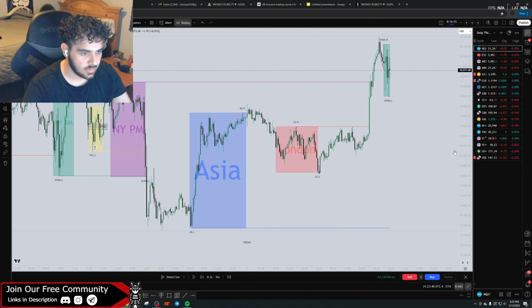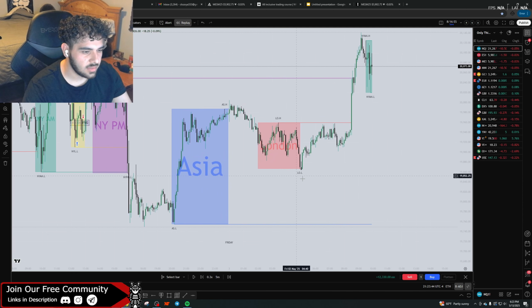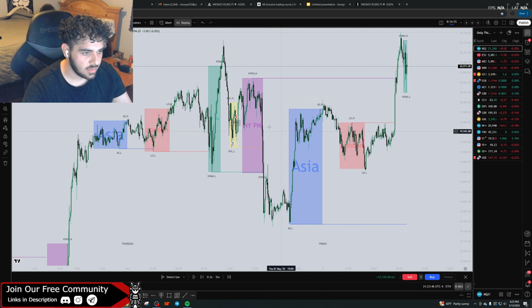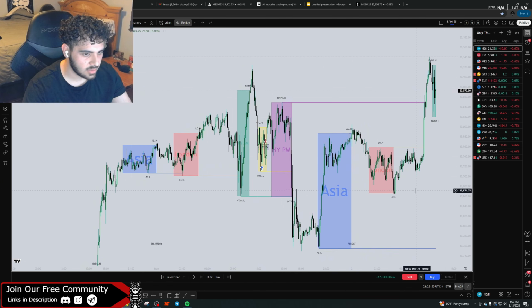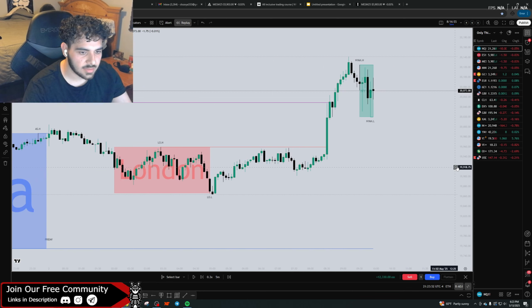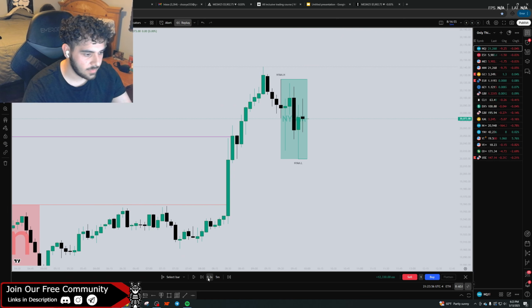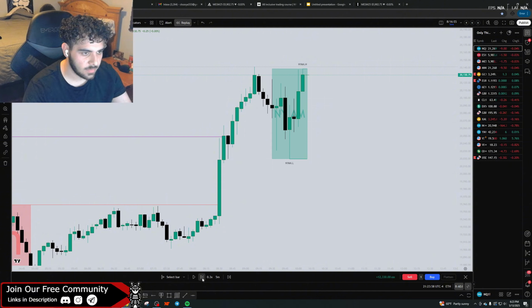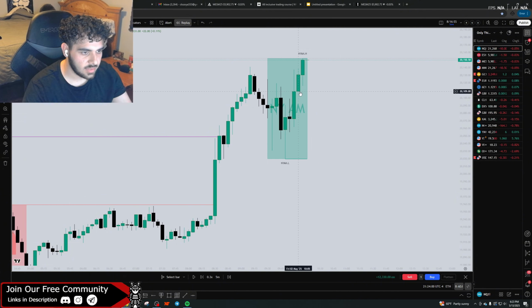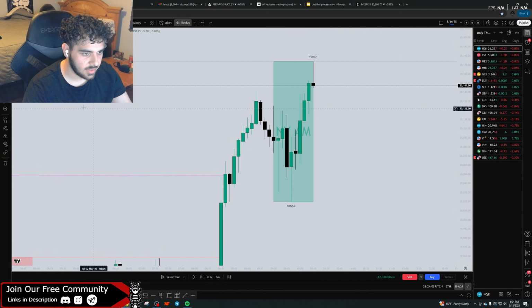Okay, so we have an expanded Asia session. London kind of consolidated, but you could tell price is respecting some of these bullish PD arrays. So let's see if we could get a higher time frame shift up here. Okay, let's see if we get a retracement on this small fair value gap.